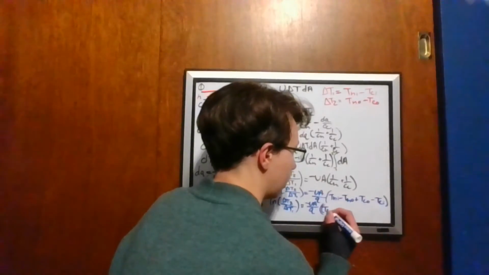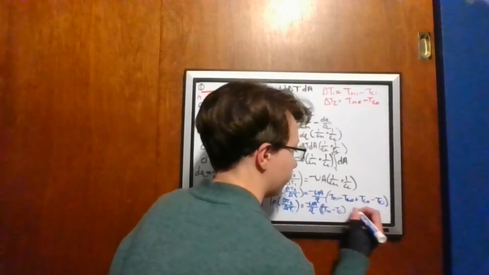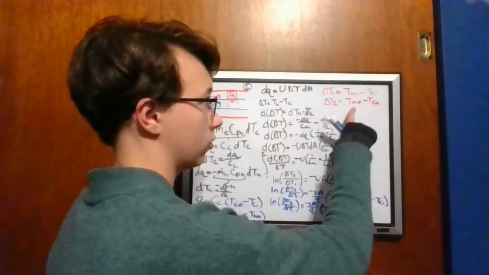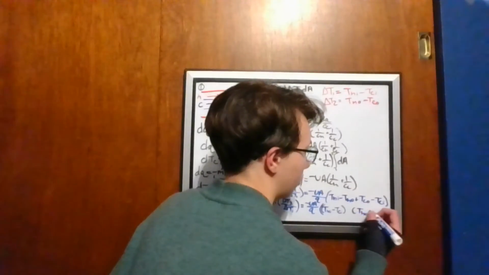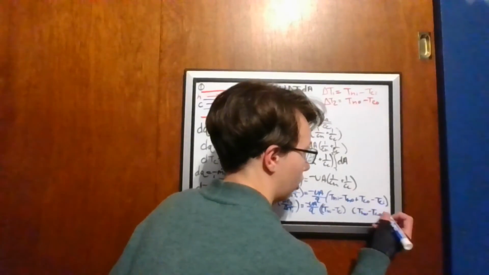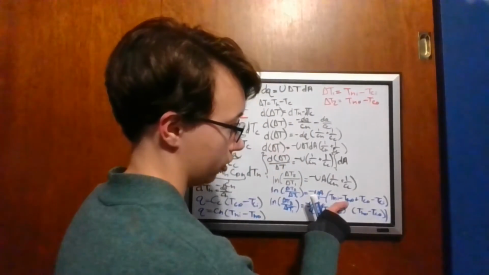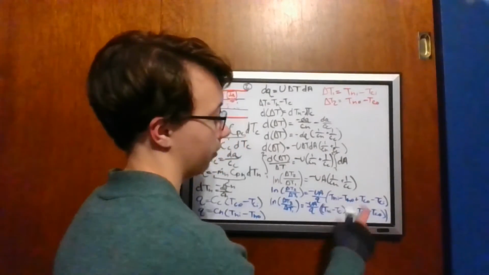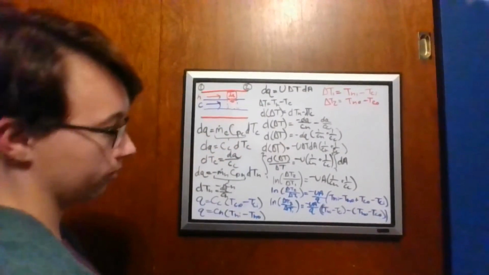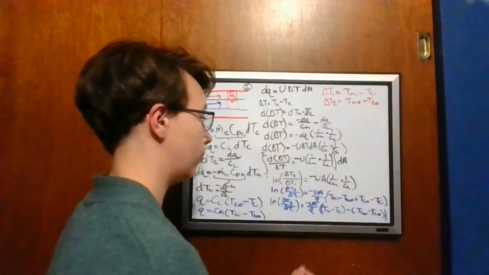And for the next one we need THO minus TCO. But you'll notice up here we've got a negative THO but a positive TCO, so we need to pull out a negative sign there to make the signs work. So at this point now we can plug in our delta T1 and delta T2.